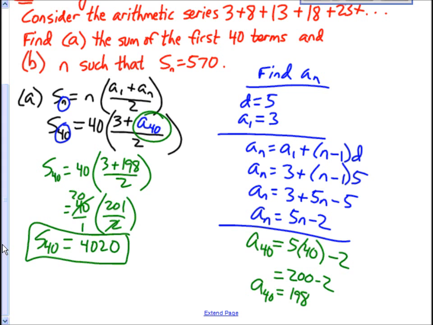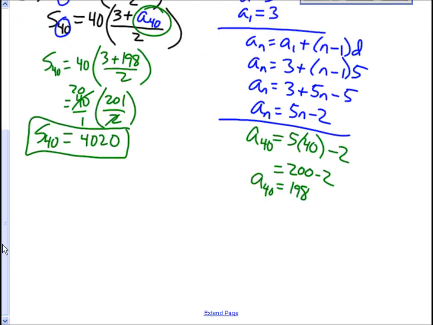Now, if I'm looking here for part B, find n such that the sum of however many terms is 570. Okay, find n such that the sum of those many terms is 570. Let me extend this a little bit.